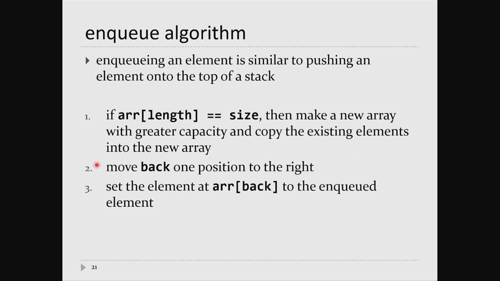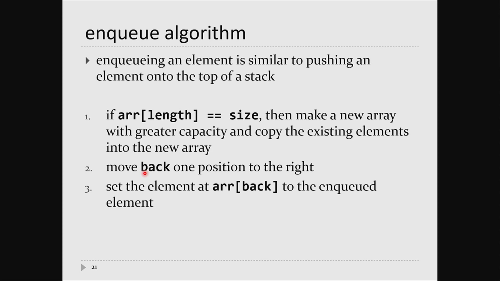When we enqueue an element, that's going to be similar to pushing an element onto the top of the stack. So we're going to basically use the same algorithm because you're doing the exact same thing. First, you check: do you have space in the array to hold the new element? If not, we're going to resize the array and copy the elements into the new array. This is a little bit complicated for a queue.